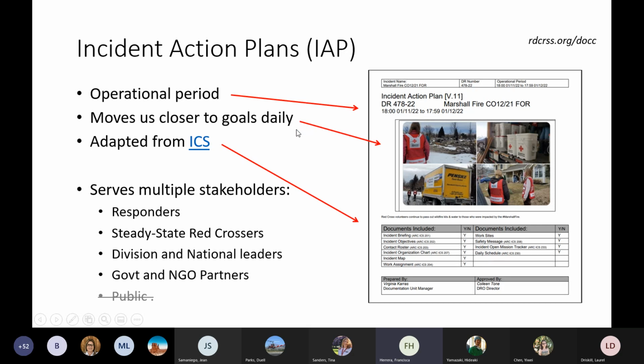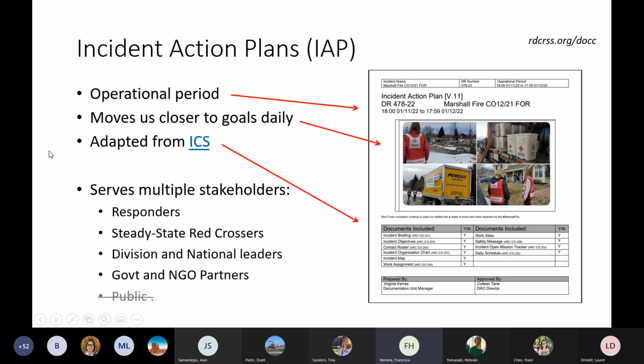Each daily incident action plan moves us closer to longer range goals, as I mentioned before. It is set forth by a service delivery plan, sometimes advanced operational plans. It really is a mechanism for us to chip away towards the end goal of meeting client needs and being able to demobilize from the operation.